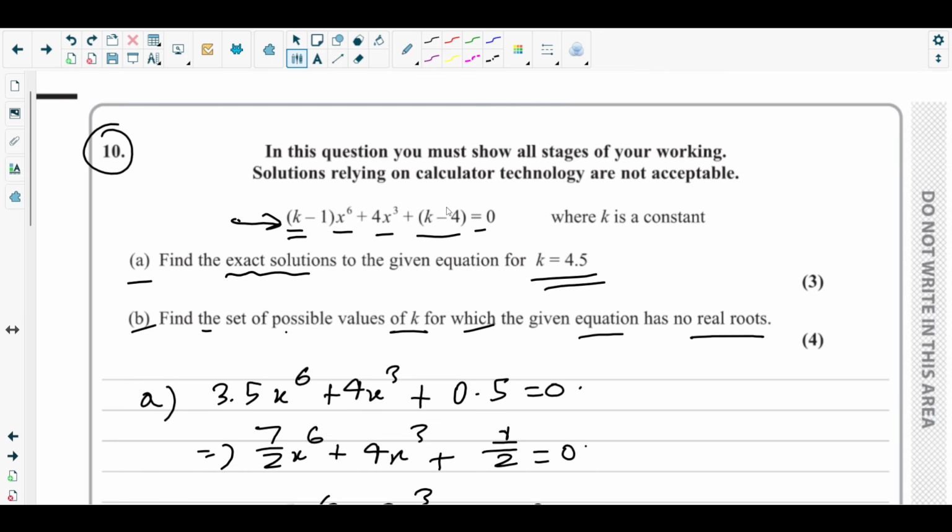If we want this equation to not have any roots, then we need to compare it with a quadratic equation, because as we did in part A, we could compare the format with a quadratic format, right? So we will approach it the same way here.